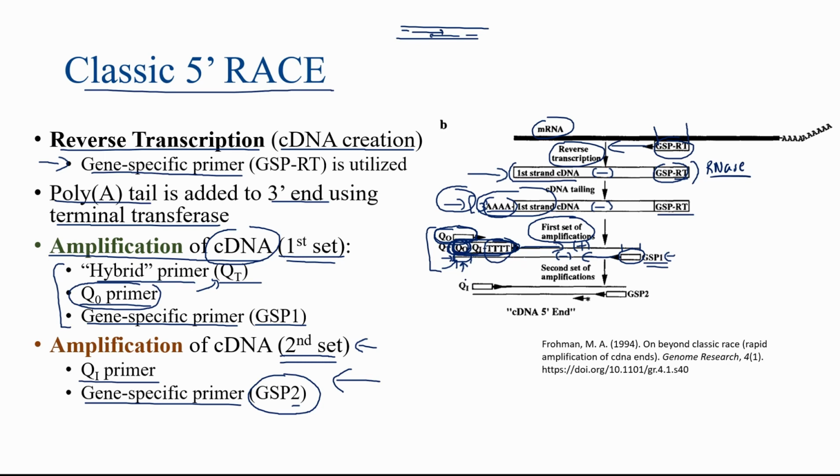As you can see here, you have the Q internal that is annealing to one of our cDNAs and extending this way. By simple reasoning, we can deduce that this Q internal primer must be binding to the negative sense strand, the bottom strand here, to the reverse complementary Q internal region.